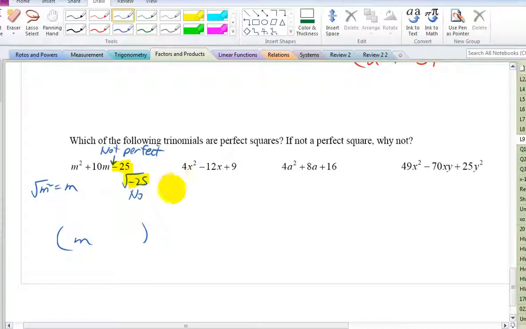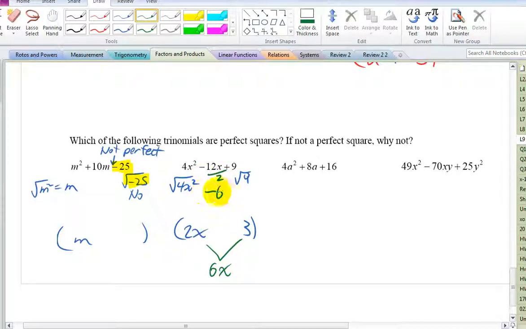Next one. Square root 4x squared, what do you get? 2x. Square root 9, what do you get? 3. What's 3 times 2x? 6x. Now if we divide this by 2, what do we get? Negative 6x. Can we somehow get these the same?